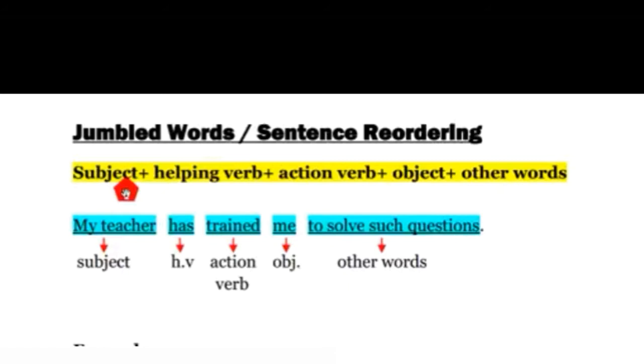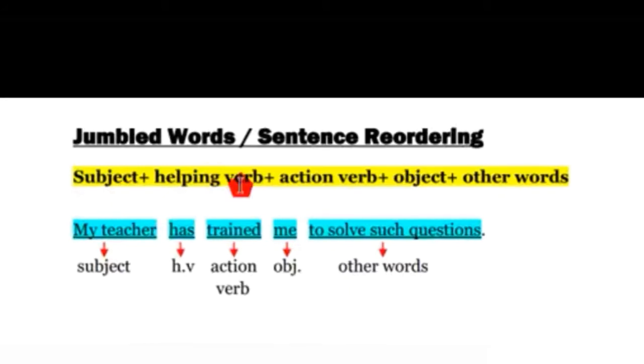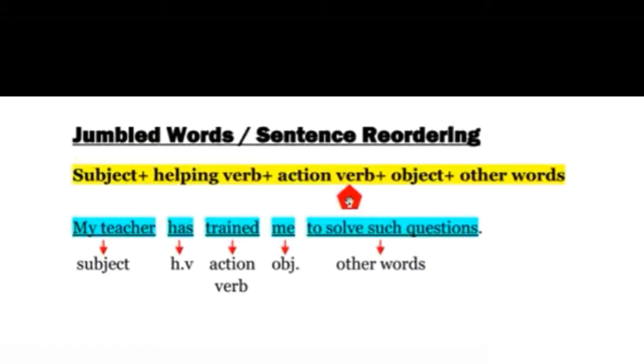Noun can be a name of a person, place, animal and thing, or a pronoun like I, he, she, we, they, you, etc. Helping verbs means is, are, am, was, were, has, have, had, will, shall, can, etc. Action verb means action done by the subject. It can be in present, past or future form. For example, play, sing, eat, drink, etc.